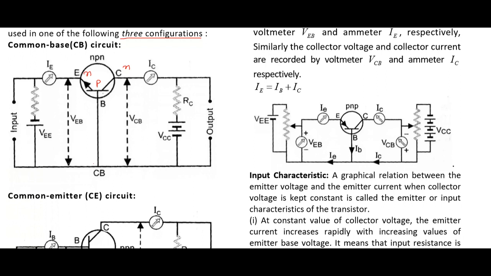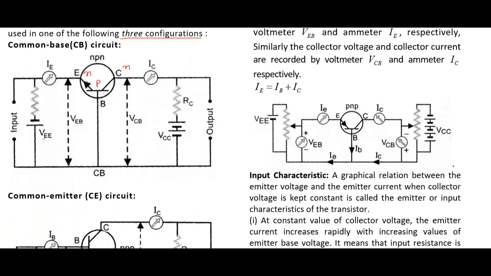Now emitter base junction is forward biased, and this micro ammeter is used to measure the emitter base current. And here input is FET, and this is cell or battery, and we call it VEE, and here is a resistance.